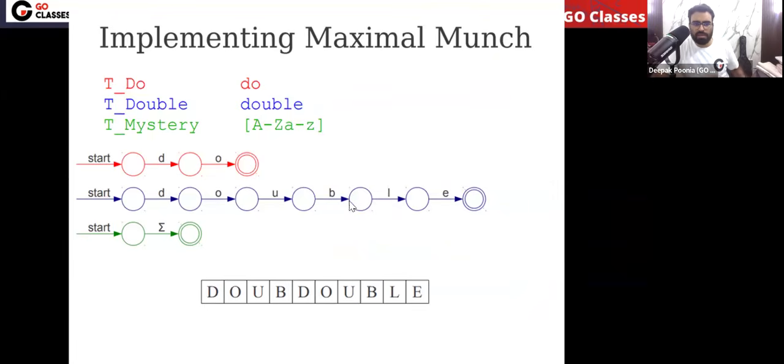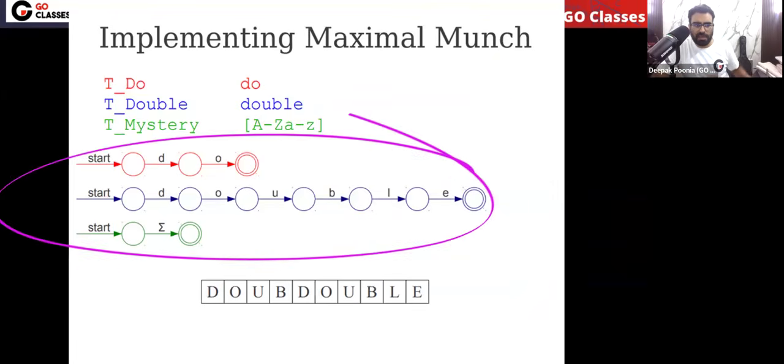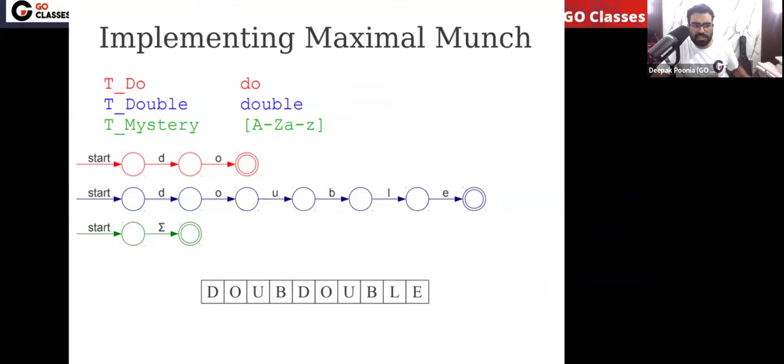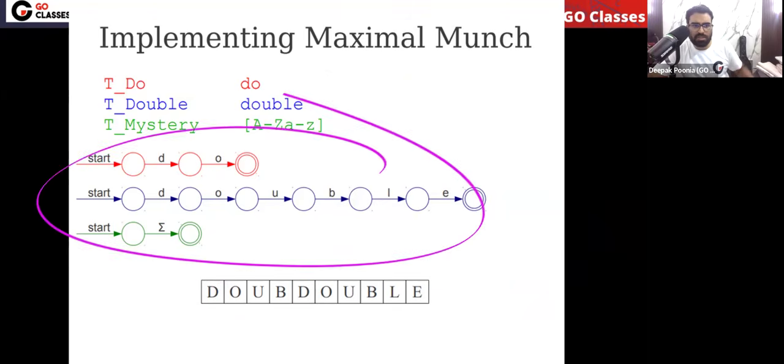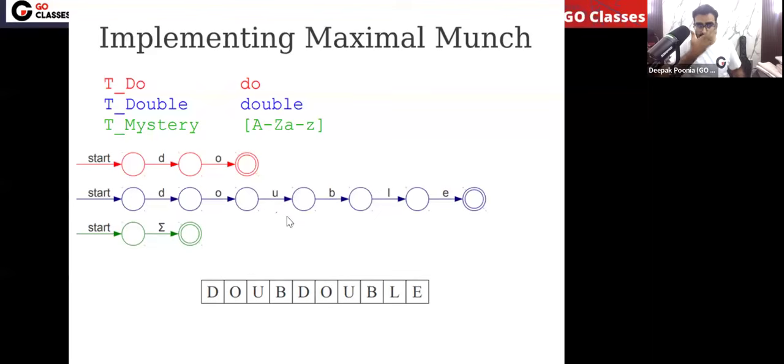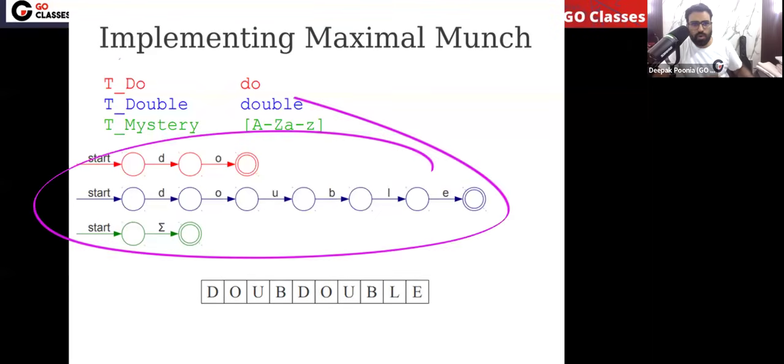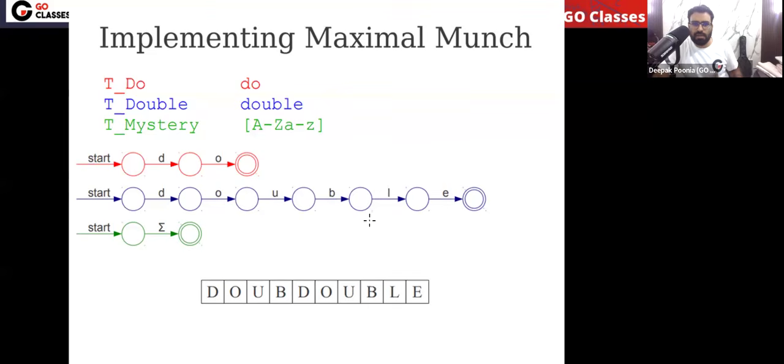Okay, so finally these NFAs you will get. Now this is the input character stream. Basically the same concept we are going to apply. We will read this character stream left to right, character by character. When you read this D, then you run all these NFAs in parallel.